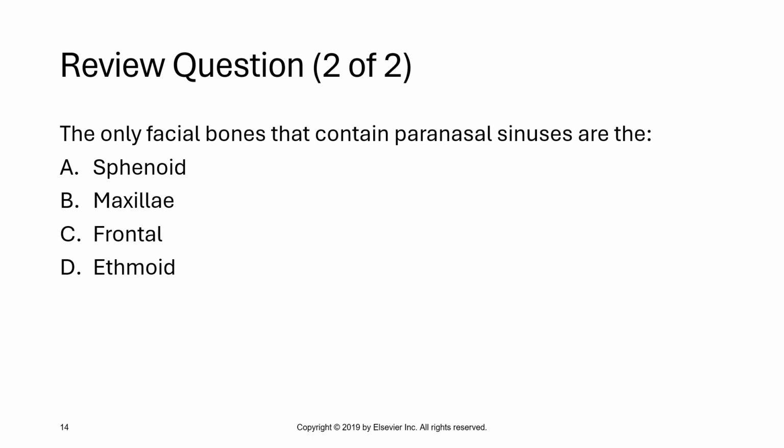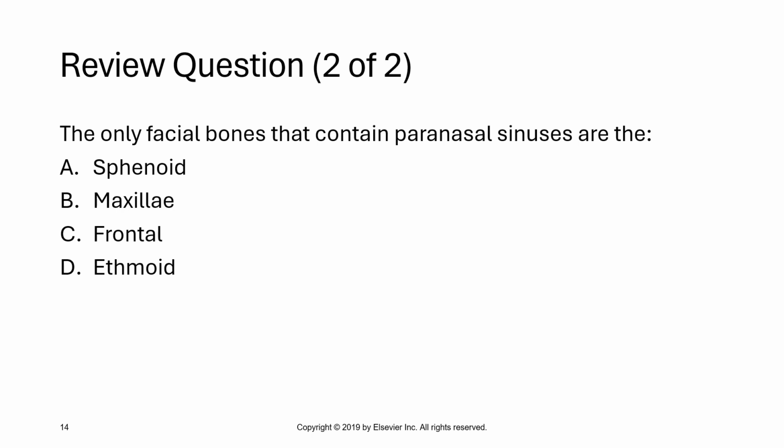Only facial bones that contain paranasal sinuses. Remember, there's a difference between the bones of the skull, which house the brain, and the facial bones. Those are 2 separate groups of bones. All of the sinuses are in the bones of the skull, frontal, ethmoid, sphenoid, except for the maxillary sinuses, which is a true facial bone.